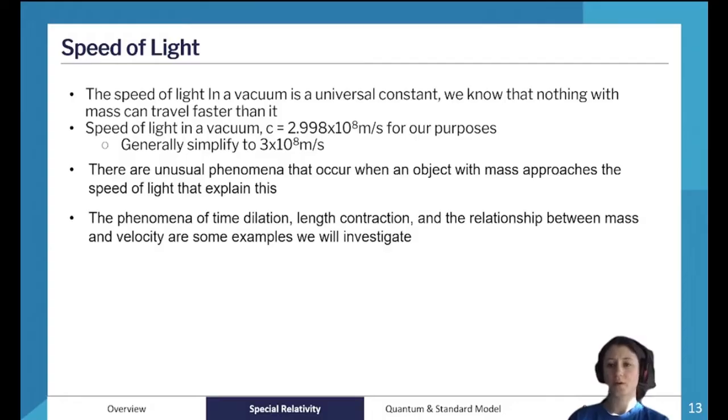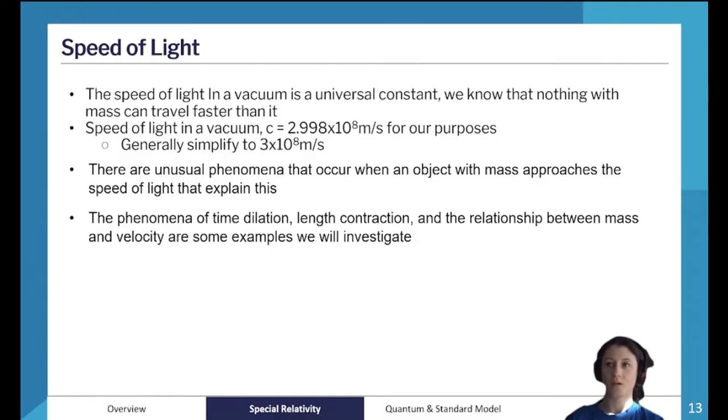So there is an unusual phenomena that occurs when an object with mass approaches the speed of light. Okay, and this explains why nothing with mass can travel at or faster than the speed of light.